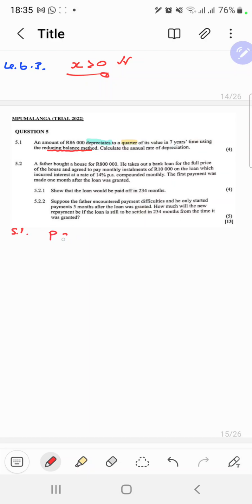5.1, we know that P, is it P or is it A? Sometimes I forget these things. I think it's A is equal to P(1 minus i) to the exponent n. So the formula is as simple as that. And then, of course, we depreciated to a quarter.